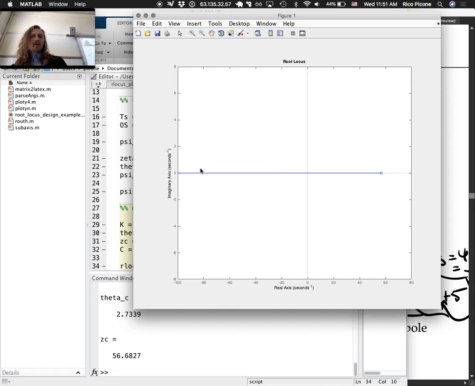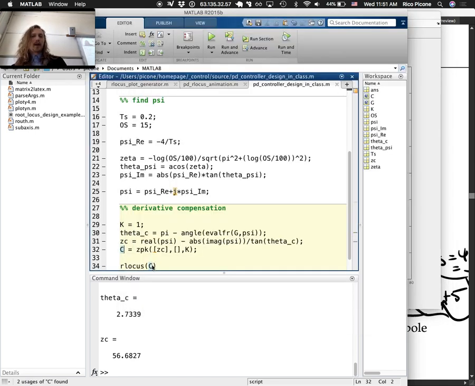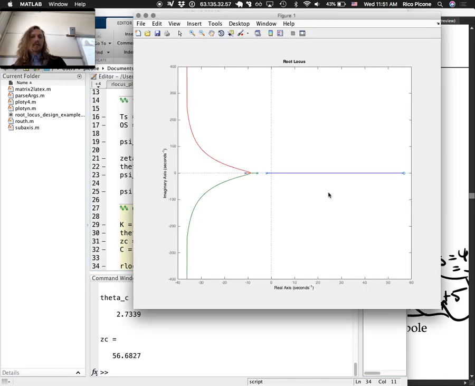I think we took the wrong branch cut. Oh, I know why. Not of C, C times G, right? There we go. So let's see if we can find our point. That will at least be our goal here, right?